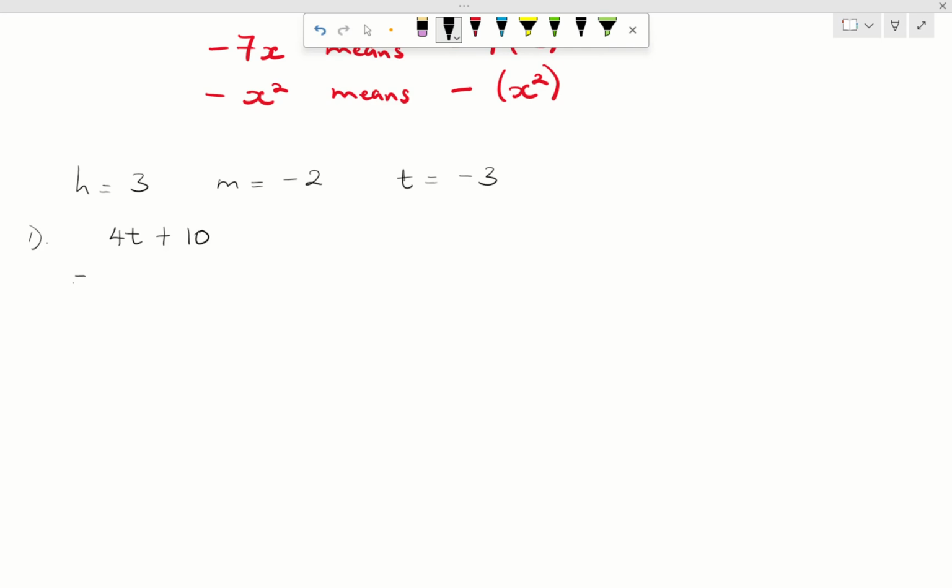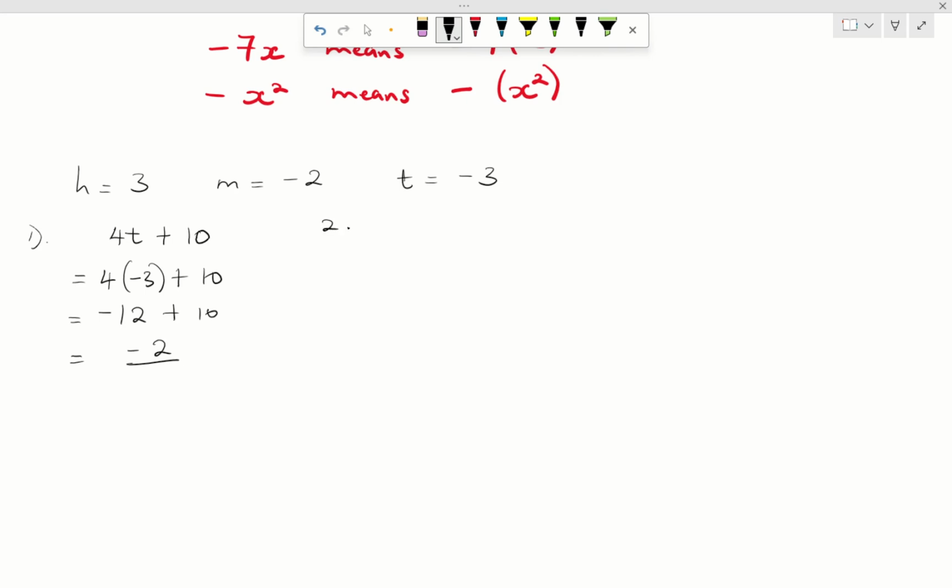So for our t is negative 3, plus 10. So we start with multiplication first. Remember our BIDMAS, M comes before addition and subtraction. So we have 4 times negative 3, that gives us negative 12, and we are adding 2. So our answer is negative 2.